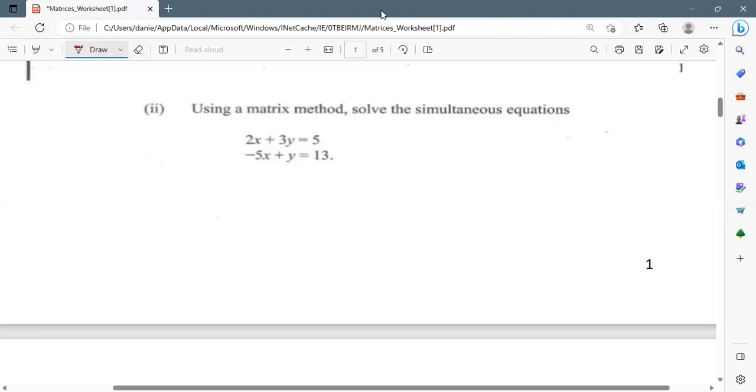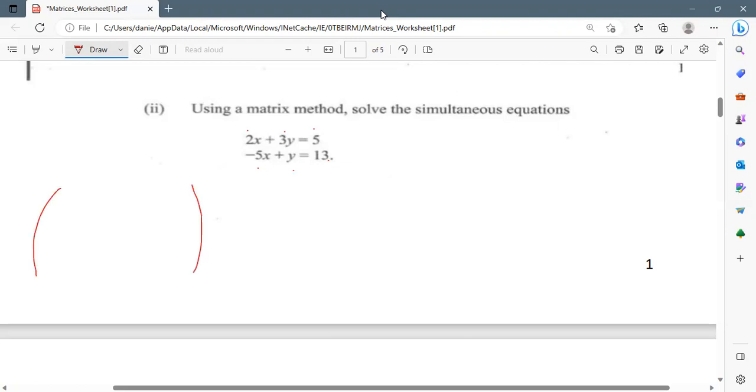Okay, so to start it off, make sure the equations are in the form ax plus by is equal to c, as we see in each of these equations. So it's in the form. The first thing we have to do is set it up in order to solve it simultaneously, right? So the setup is like this.